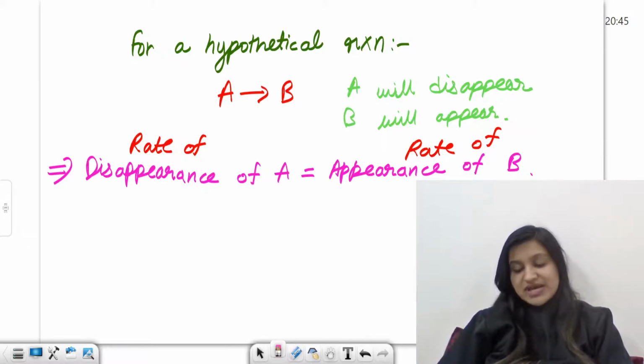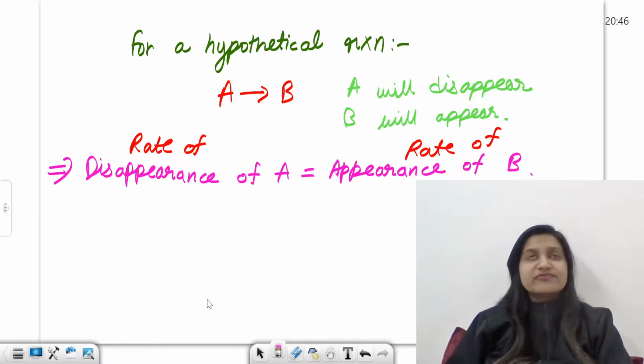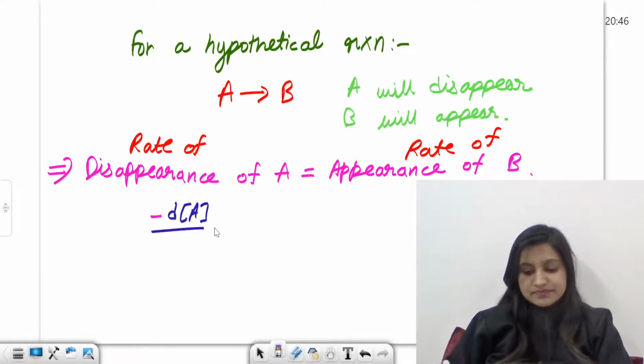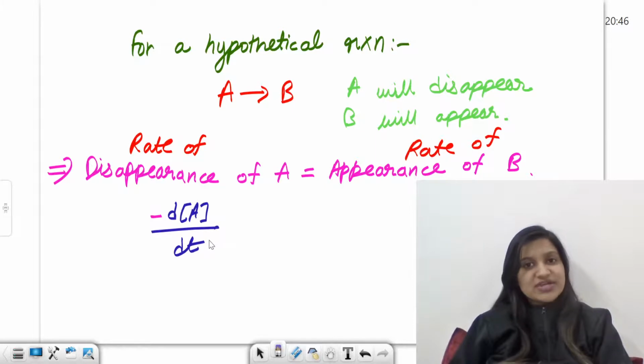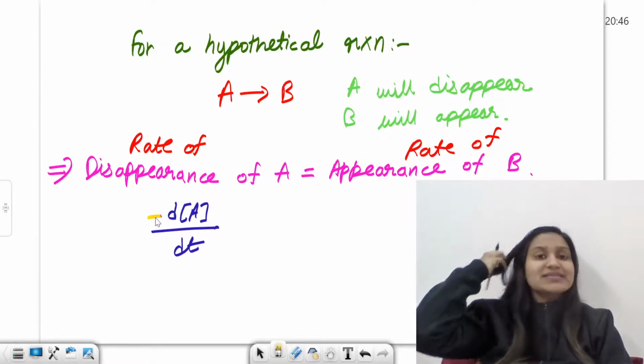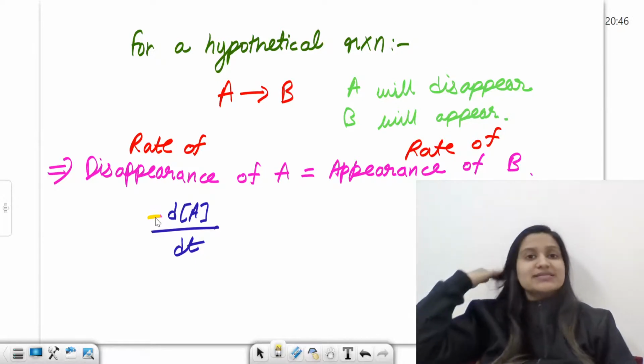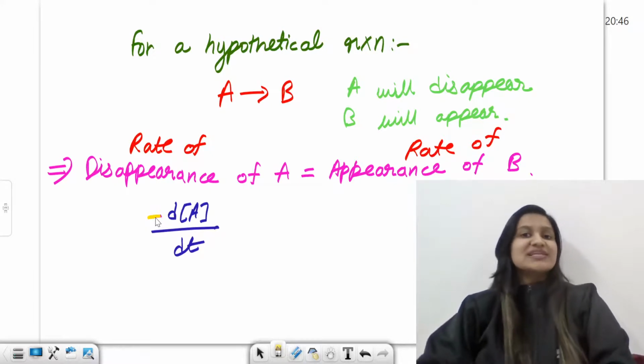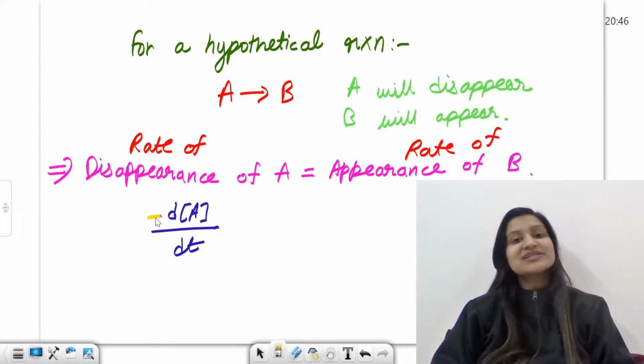Now, how can we do that? In case of a reactant, we write the rate of disappearance as minus of dA by dt. This is the rate we are writing. Now you'll be like, ma'am, why are you applying this minus over here? See, dA by dt is basically final minus initial concentration.